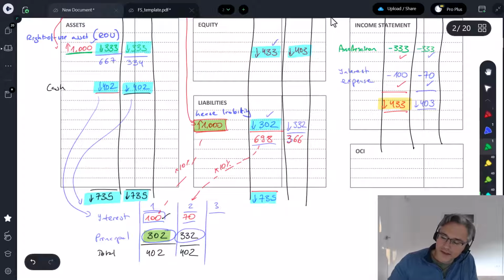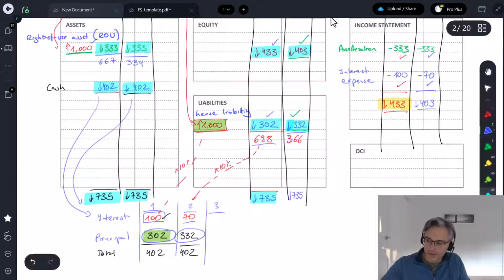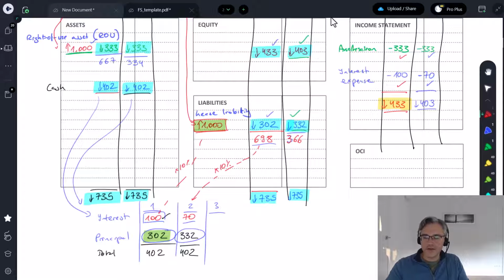Please appreciate that combining the move in equity and the move in liabilities, both moves being downward ones, 403 and 332, we get another batch of 735 downward movements, which is brilliant because that's the same as the movement on the asset side of the balance sheet for the same period.